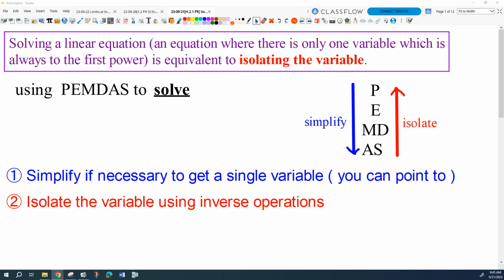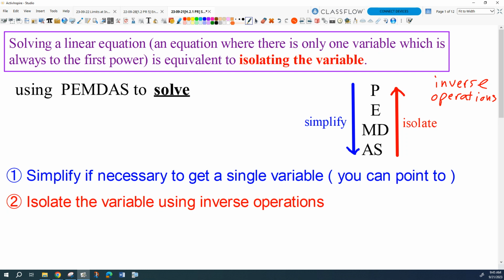All we have to do is just invert the direction of the arrow. And instead of using regular order of operations, we're going to use what's called inverse operations. And I think I'll even write that down. So this stuff over here, a lot of times we refer to this as inverse operations. Those are the operations we use to solve equations.